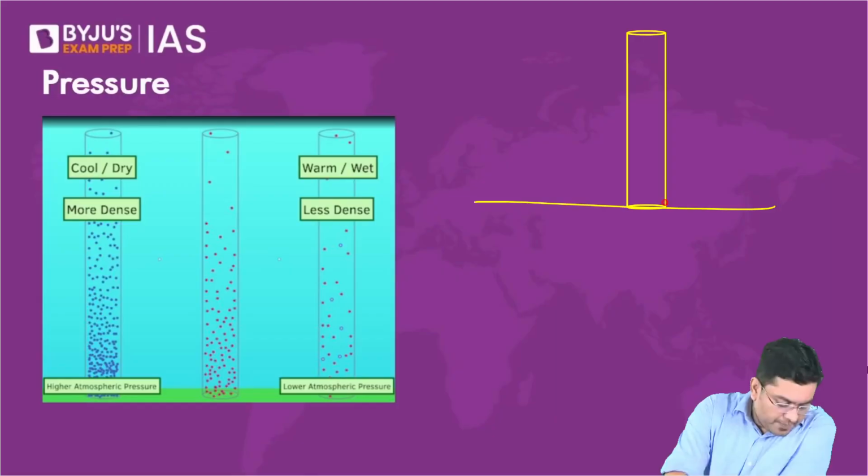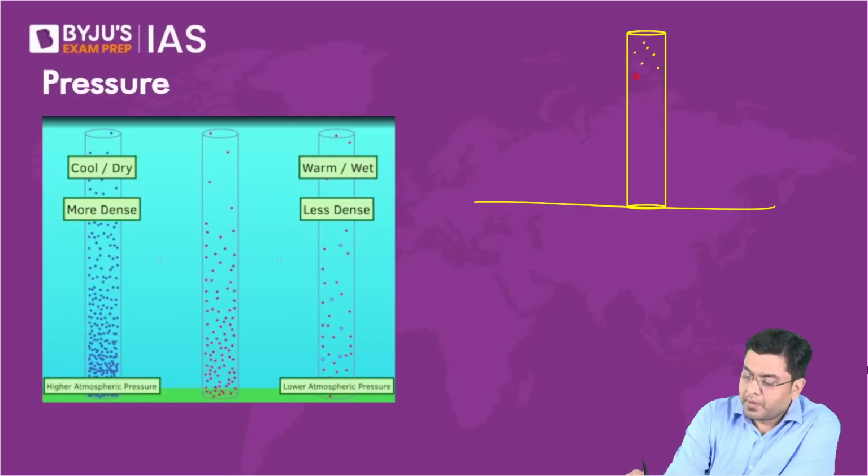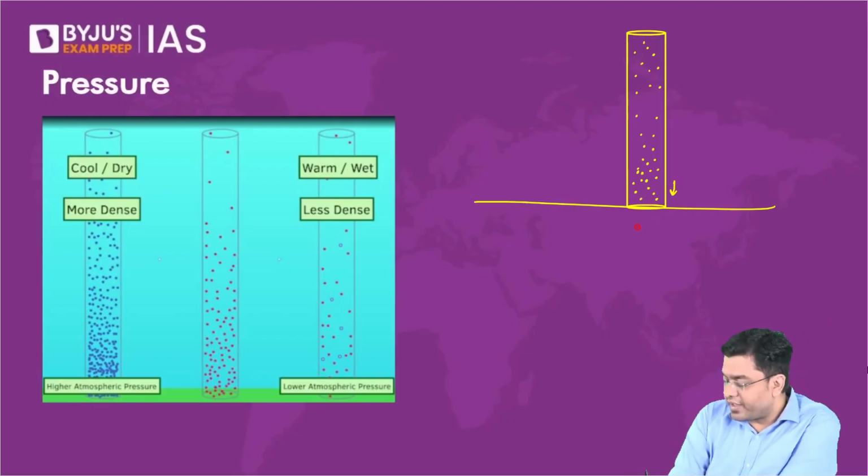Now the air column will consist of various different gaseous molecules. All these gaseous molecules will end up exerting a significant amount of weight, and that weight which is experienced is what is referred to as atmospheric pressure.